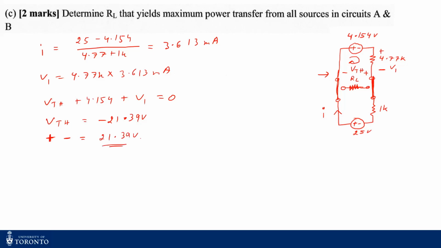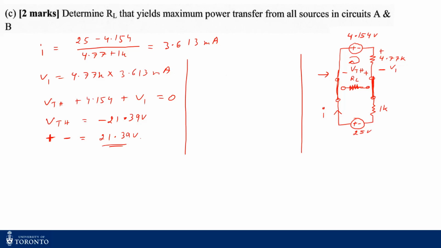Now, what's going to be my RThevenin? For my RThevenin, I turn off all my independent sources, as there are no dependent sources. I just have two voltage sources here, which will be short circuited.